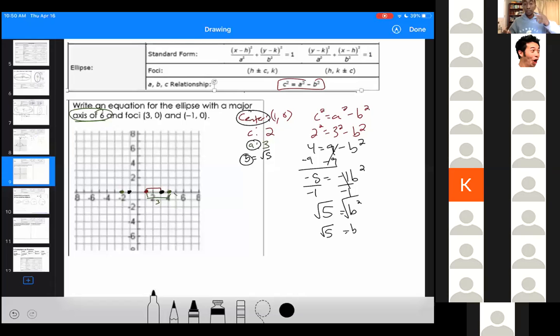To write the equation. Oh, but we need to know whether it was horizontal or vertical, right? So is it horizontal or is it vertical? Horizontal. Okay, good, because our vertices are horizontal. So we're using the horizontal equation, which is where the a is under the x. So it's x minus, our h is 1, over a squared, which is 3 squared, which is 9.